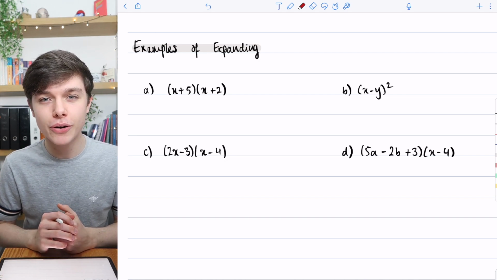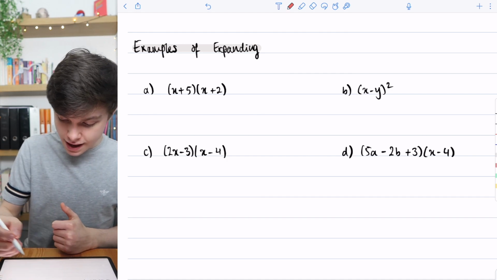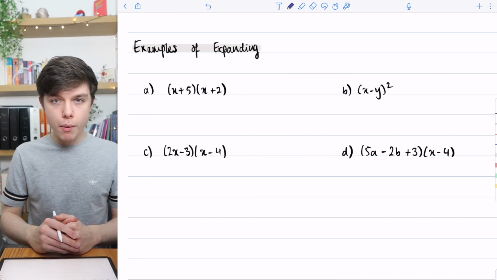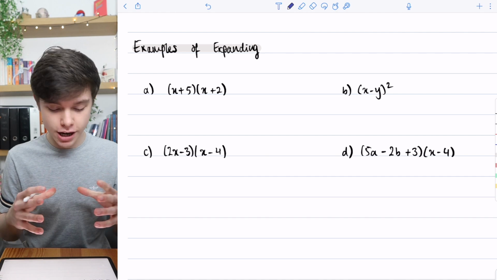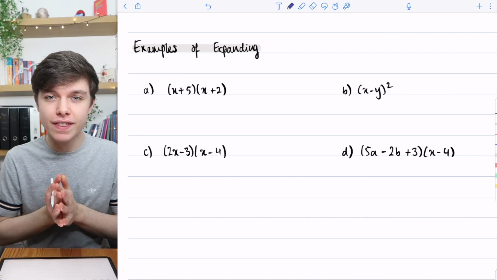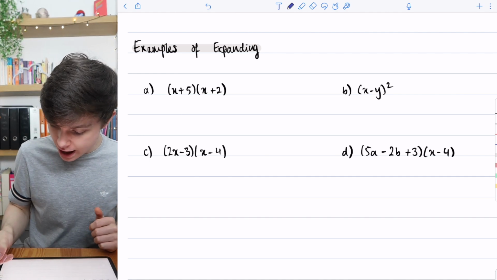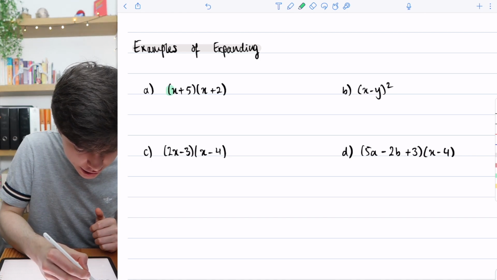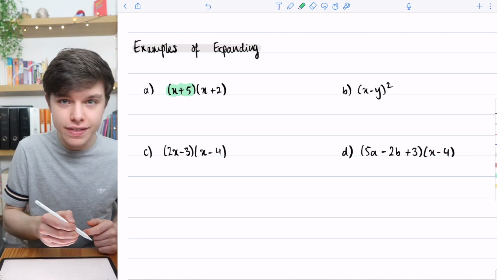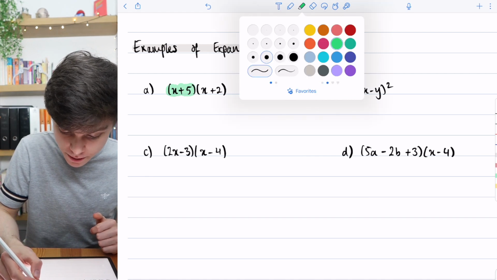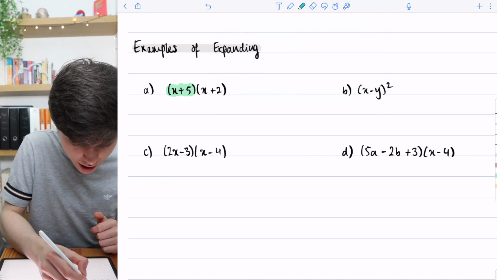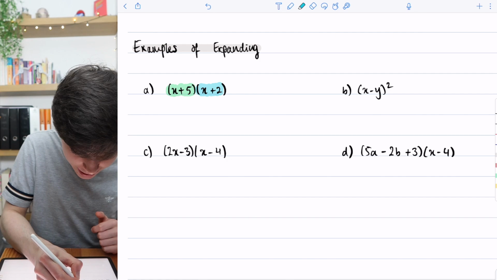Hopefully, if you press pause, you've had a go. Let's have a look. So, what we want to do, like the definition I just said, is multiply everything in the first expression, which I'll highlight in green, by everything in the second expression, which I will highlight in blue.